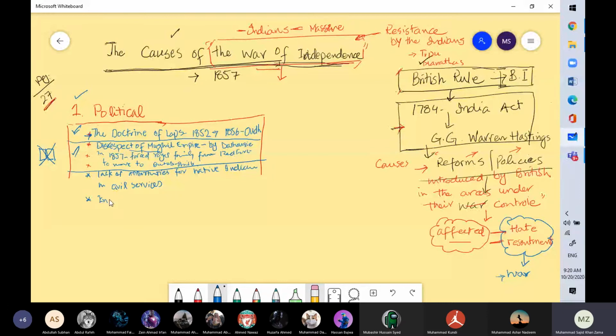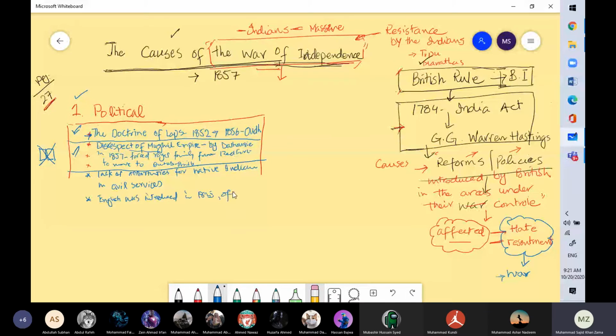English was introduced in 1835, not mentioned, but I'm telling you, in 1835 as the language of administration.